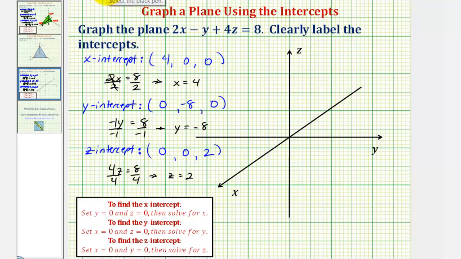So looking at the three axes, this is the positive x-axis, this is the negative x-axis, positive y-axis, negative y-axis, positive z-axis, and negative z-axis. So the x-intercept is the point (4, 0, 0). So we'll go out 4 units on the positive x-axis here. This should be the x-intercept.